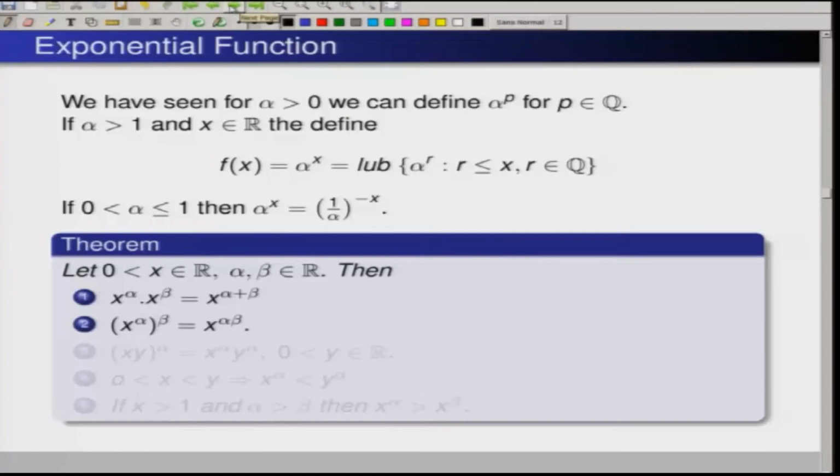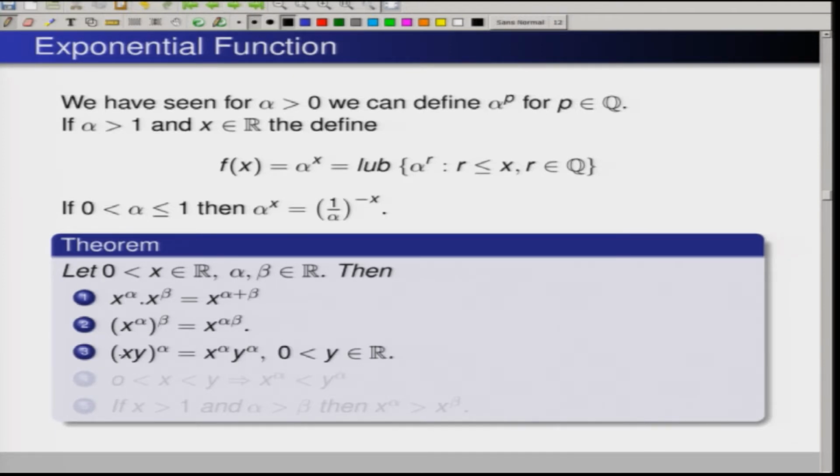Similarly, x to the power alpha is a real number, x is positive, alpha is any real number. Now you take the whole thing to the power beta. What one needs to show is that this is greater than 0, and that this is x to the power alpha into beta. This is the law of indices that we have done for the rationals also.